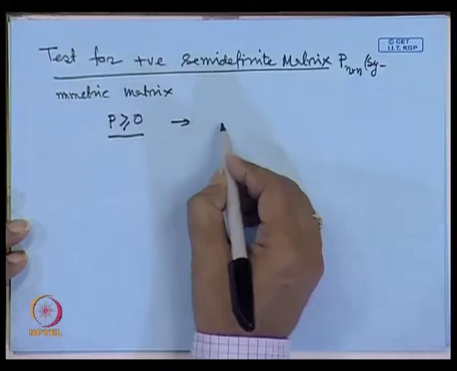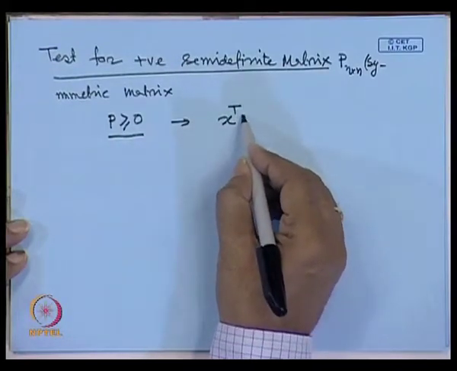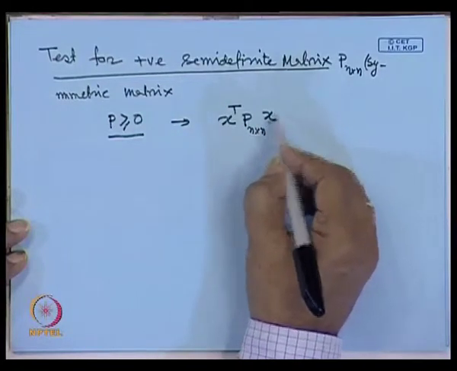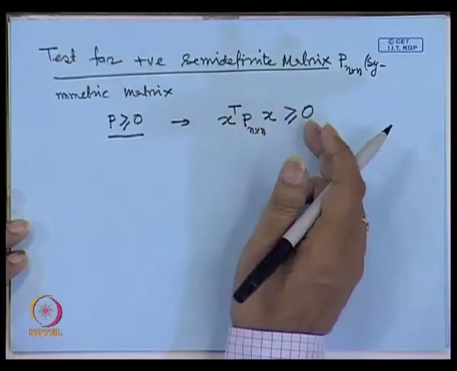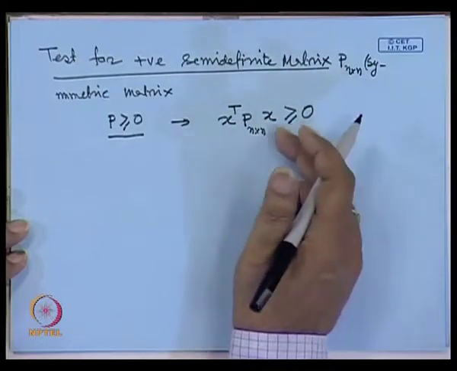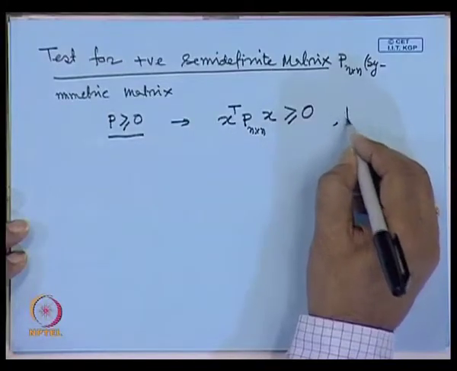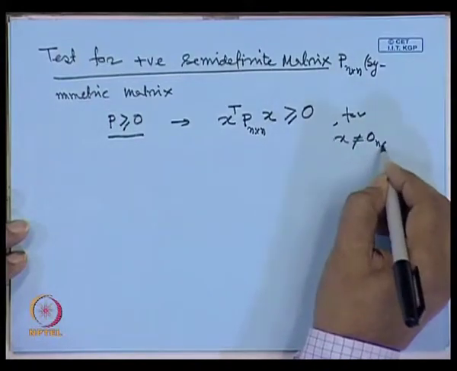In other words, you form a quadratic function with P and any vector x, and its scalar value is always greater than or equal to 0. For some x it may be 0, for x equal to the null vector, and for other values of x it is greater than 0, for x not equal to null vector.